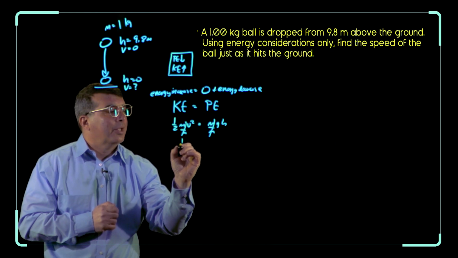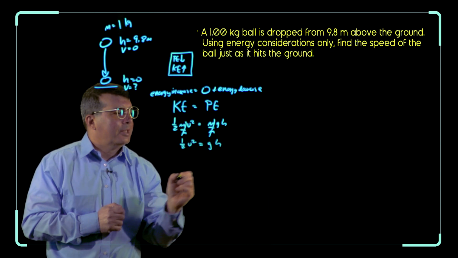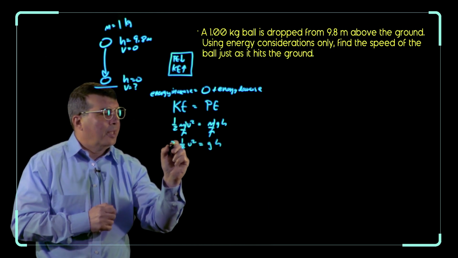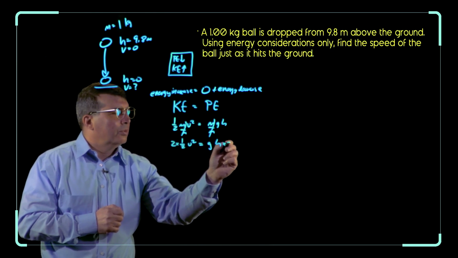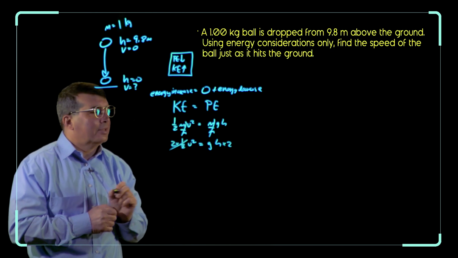So what are we left with? We're left with 1/2 v squared is equal to g times height. I want to get v by itself, so I'm going to multiply by 2. 2 times 1/2 is 1, that cancels out.